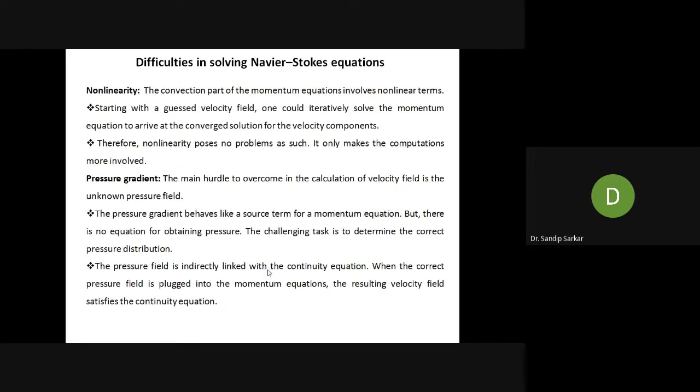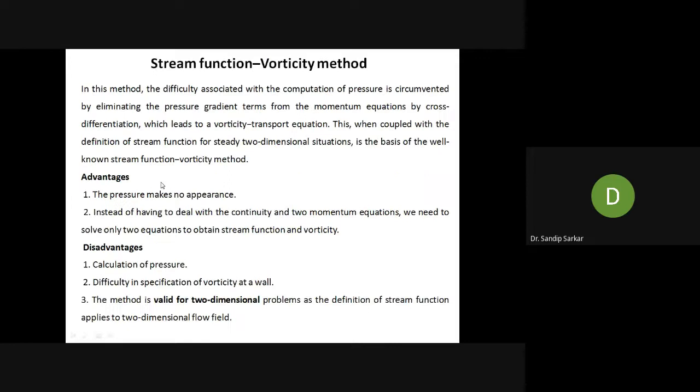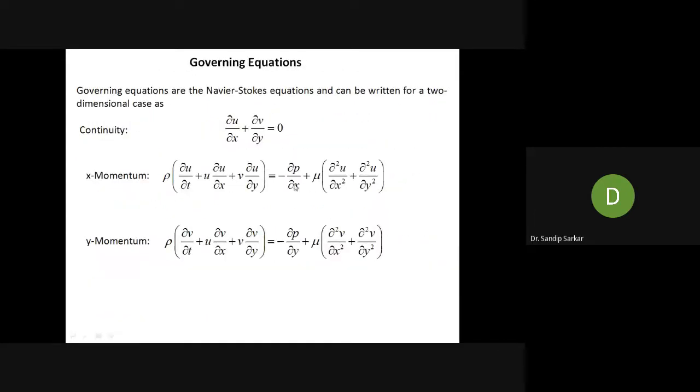We basically come up with the equation which is called the vorticity transport equation, right? We do some operation on the Navier-Stokes equation, and we finally obtain the vorticity transport equation. The advantage is that the vorticity transport equation does not contain any pressure.